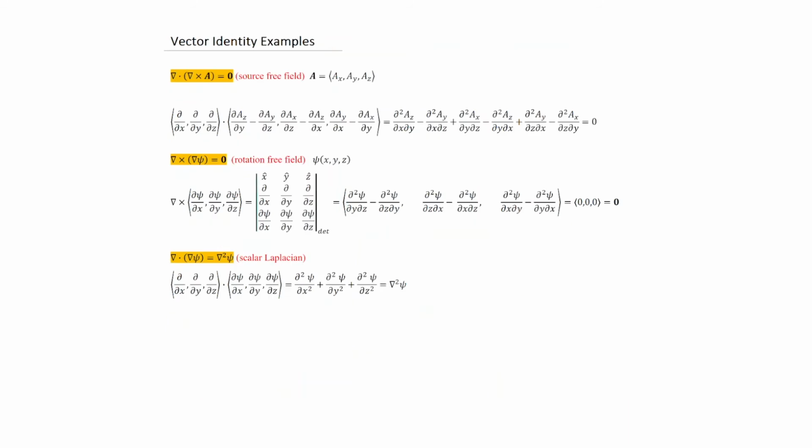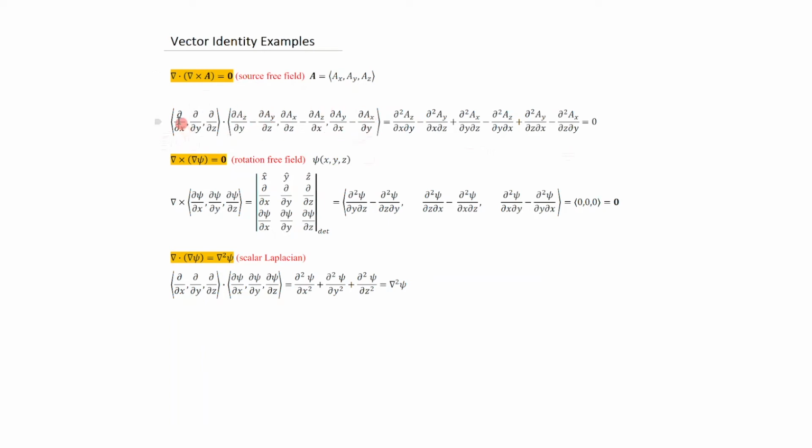All right, here's some more examples. If you took the divergence of the curl of a vector field, you get 0. This is an indication that you have a source-free field. This is an important identity, and you can prove it. The divergence operator is this, the dot product is here, and the curl is what we had computed on the previous page.